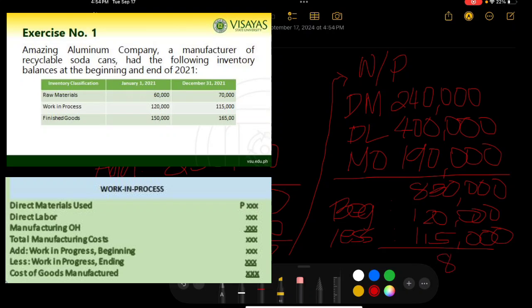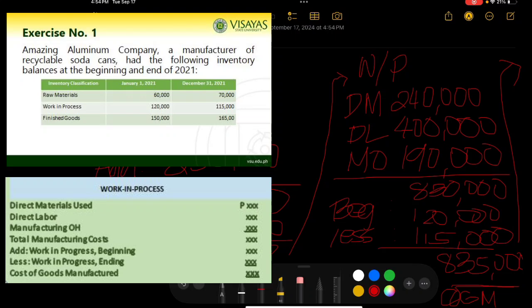Okay? Itong 835,000 na to, class, ito yung dadalhin natin dito sa ating finished goods. So, ito yung cost of goods manufactured natin. Okay, 835,000. So, that would be the cost of goods manufactured, or COGM.